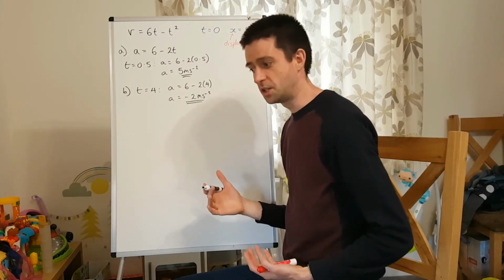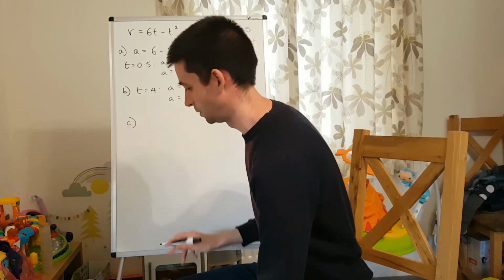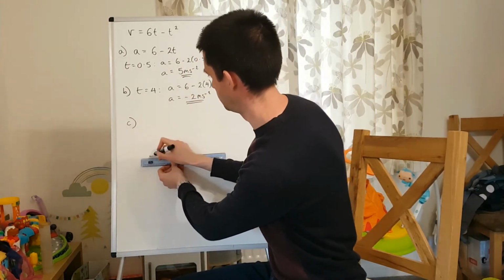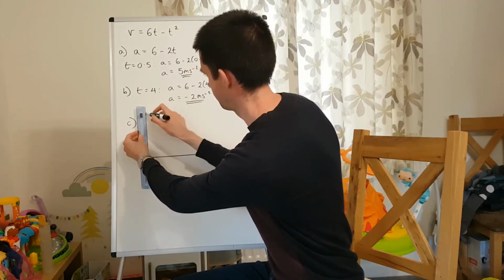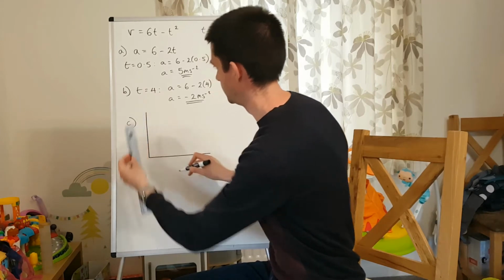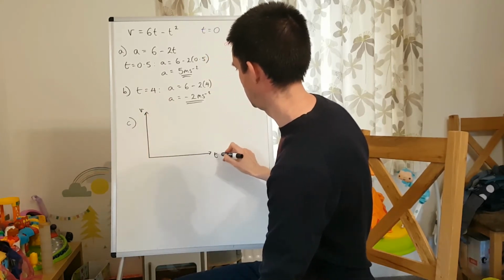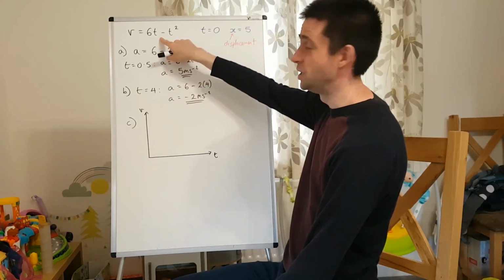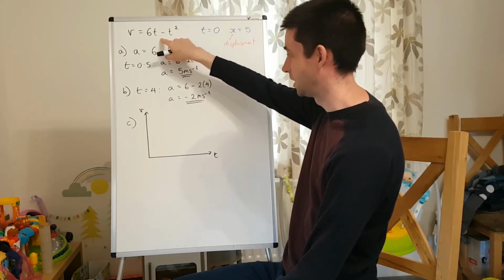Now, for part C, the greatest speed of the particle in the interval. To enable me to do this one, I am actually going to do a sketch of the graph for velocity. So I've got my time axis here, my velocity axis here, and I'm going to use the information that I have about this equation, v equals 6t minus t squared, to sketch the curve.